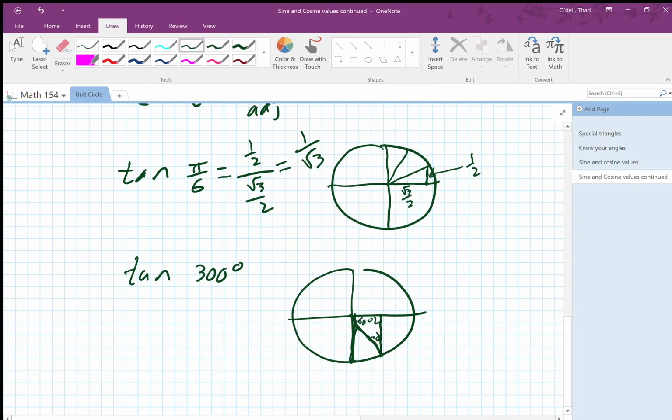So this is a 30, 60, 90 right triangle, where the short side is here and the long side is there. And tangent is looking for both of those, so I want the opposite side, rad 3 over 2 on top, and the adjacent side, which is 1/2 on the bottom. And again, when I flip that over and multiply, I just get rad 3.